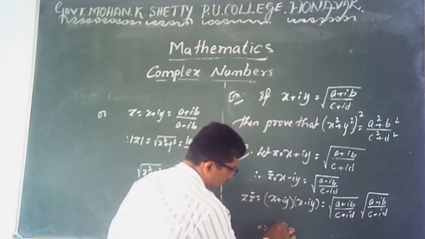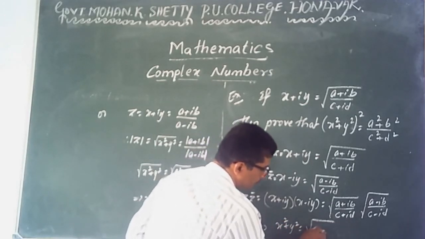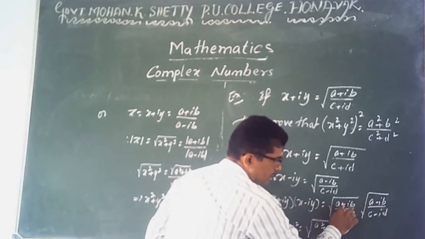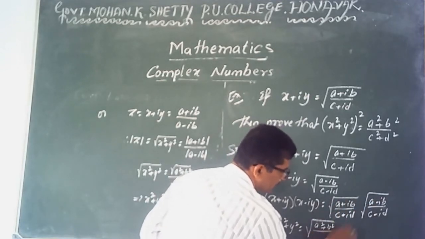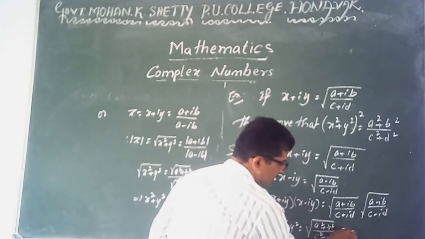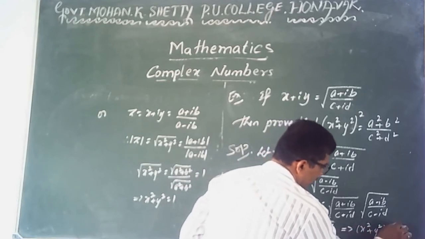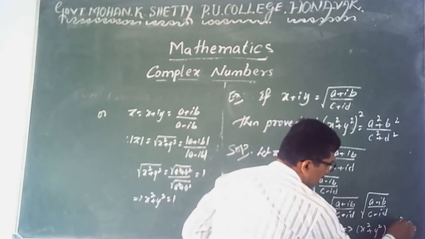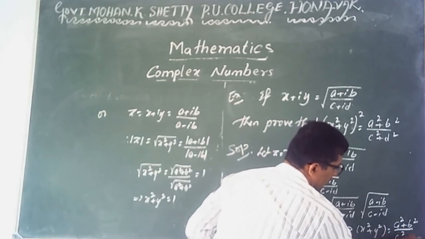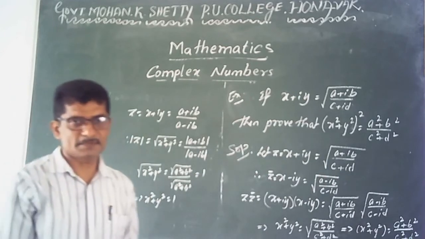It implies you get x square plus y square is equal to square root of a square plus b square, because of the product of the conjugate pair, and here also c square plus d square. Squaring both sides, x square plus y square is equal to, roots cancel, a square plus b square divided by c square plus d square. That's right.